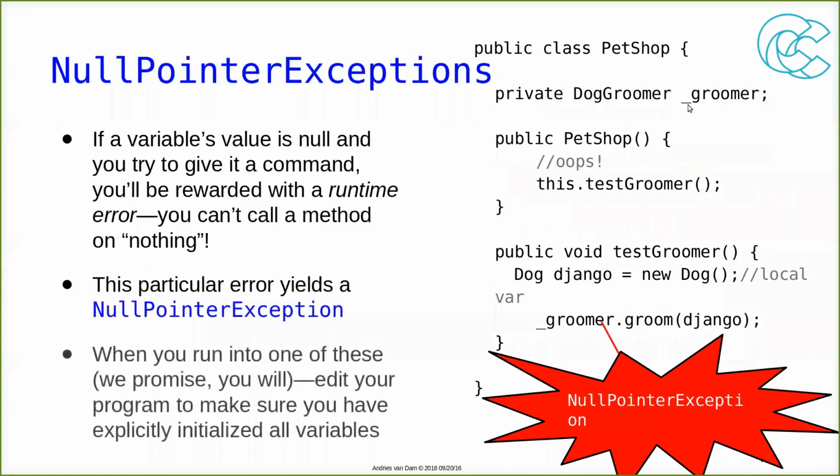For example, if you don't initialize this groomer object, and then you call something like this dot test groomer, and within the test groomer method you are referring to this groomer instance variable, now groomer currently has just null as its value, which is no memory location.